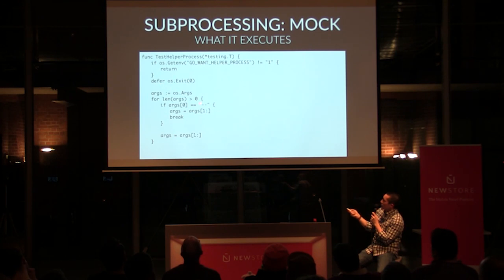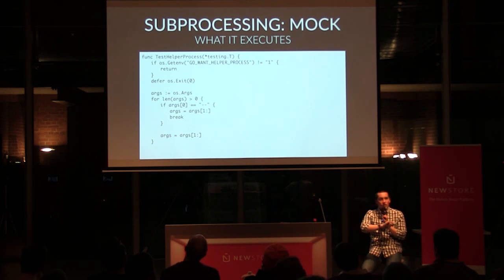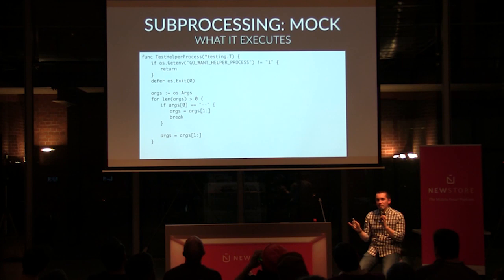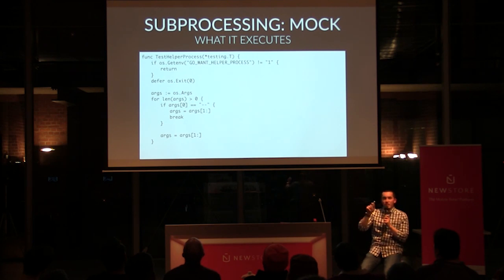And the thing we do is look for that dash dash and reset the arguments to be whatever's after it. And then at this point down here, you can do whatever you want. You're now your own process that can do anything you want, that's no longer bound to the needs and wants of the Go test library, because os.Exit(0) is going to halt the runtime right there. So it'll never say the test passed or pollute your standard out.